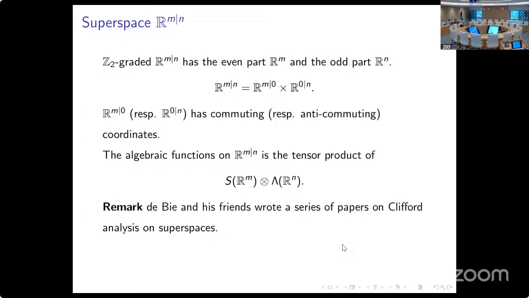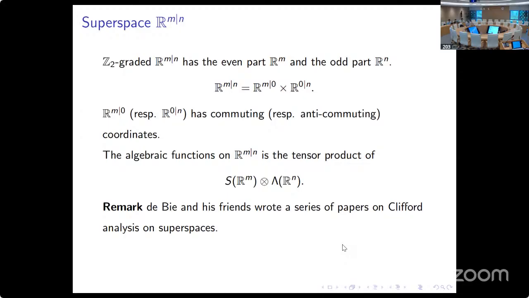On the anti-commuting variables, we know this is the Grassmann algebra or the exterior algebra. So the algebraic functions on that have two parts. One is the symmetric variables, the other is the anti-symmetric variables. My friends Hendrik De Bie and his teachers, students, and colleagues have done quite a bit of work on this.